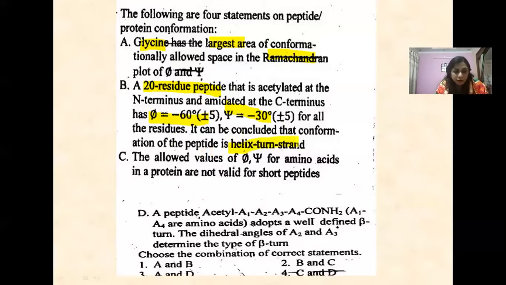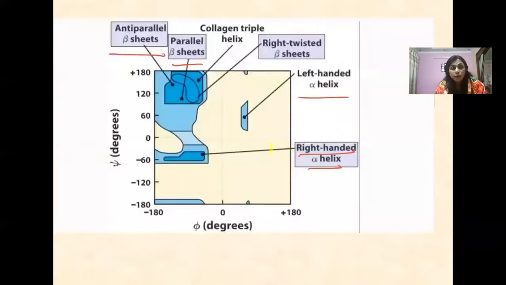So from here you can say it is wrong, but if we go into the plot, this is the plot, and it says minus 60 and minus 30. So this is minus 30.